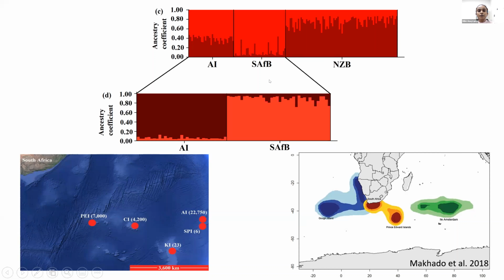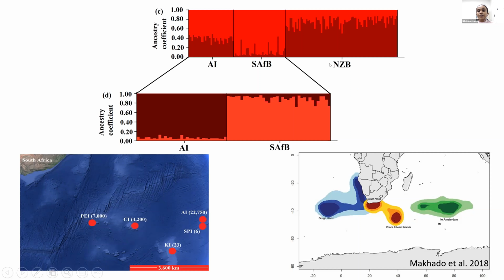And the same for the South African bycatch samples: they were different from the Amsterdam Island population as well as bycatch from New Zealand. Therefore, we came to the conclusion that these two bycatch groups, South Africa and New Zealand, did not originate from the breeding island Amsterdam.